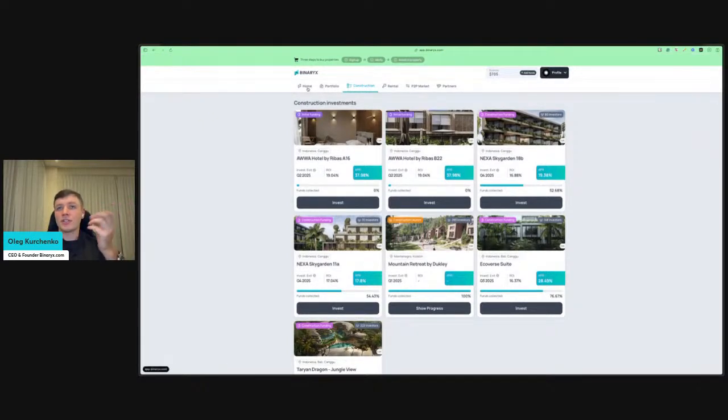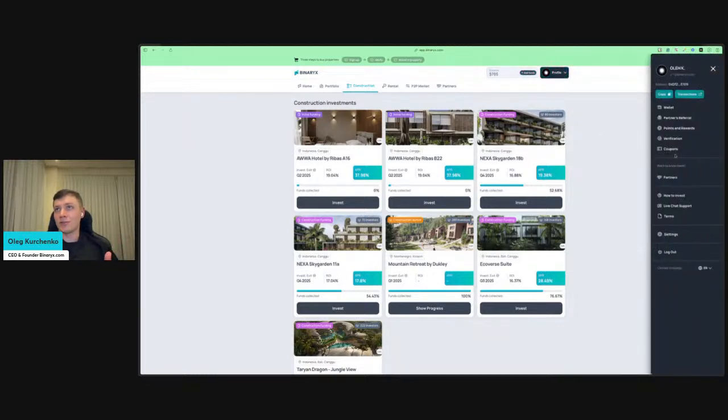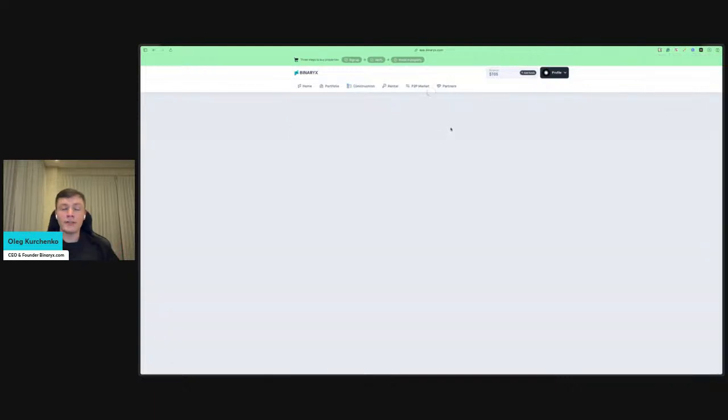But there is a question: how to start investing with us, right? So it's pretty simple. We have a guide on how to add funds to your balance, to your wallet. But if you're familiar with everything, you can just go to your wallet by clicking the balance, add the funds, or just from the side menu to the wallet.